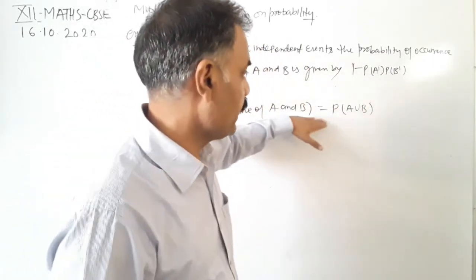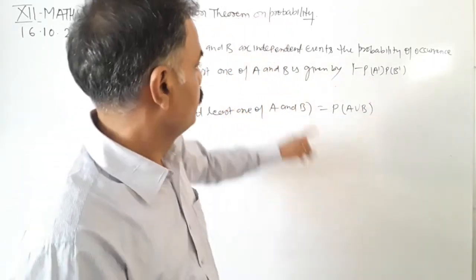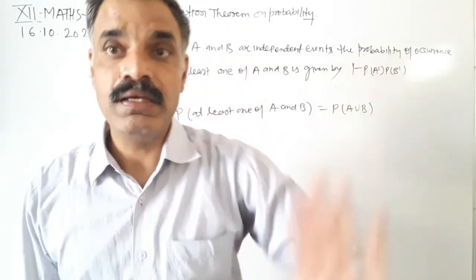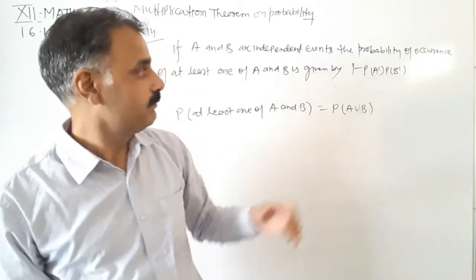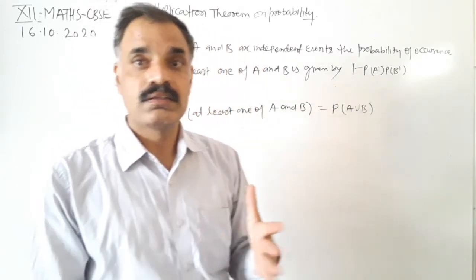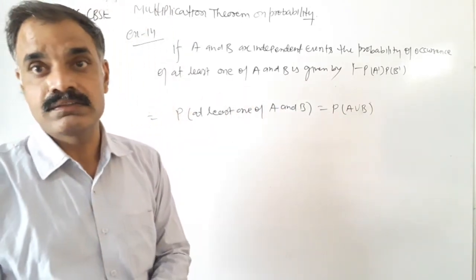We have to find P(A union B), and this is given by 1 minus PA dash PB dash. The condition is only that the events are independent.